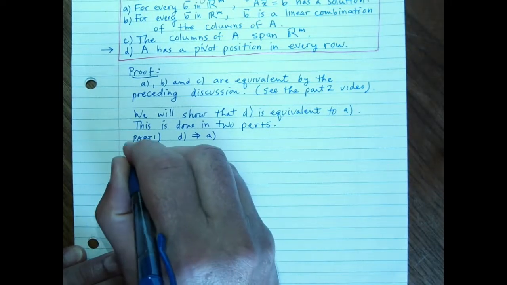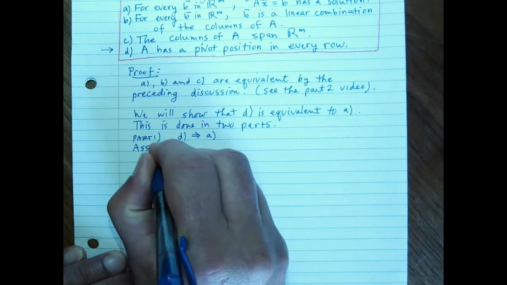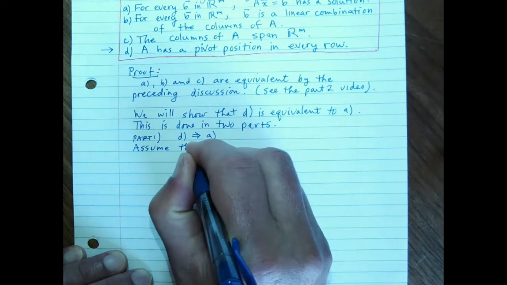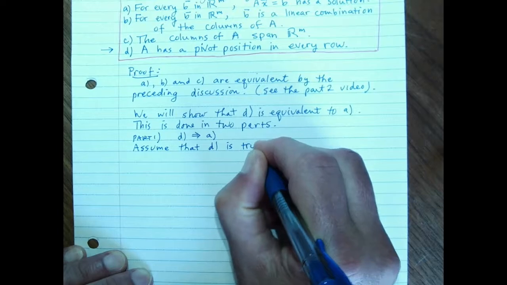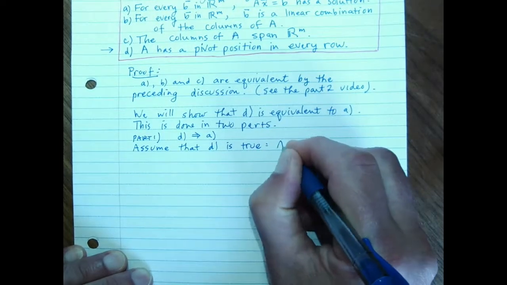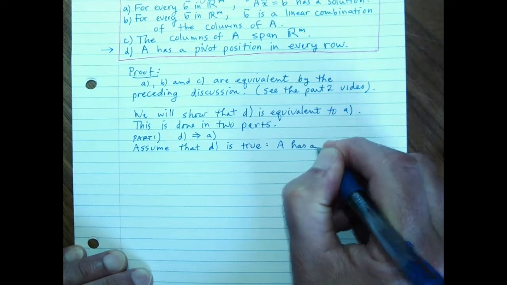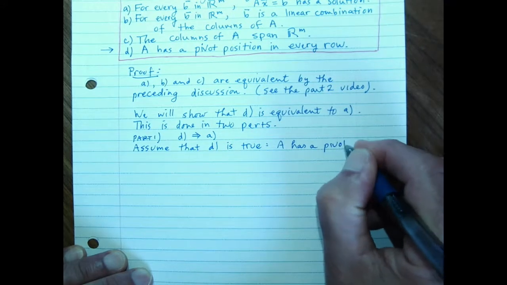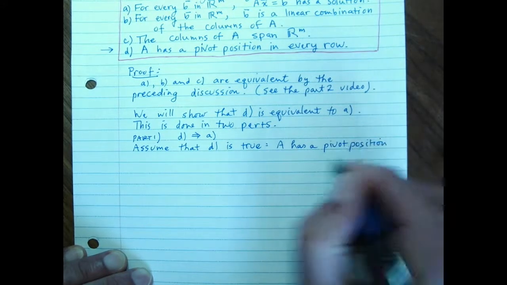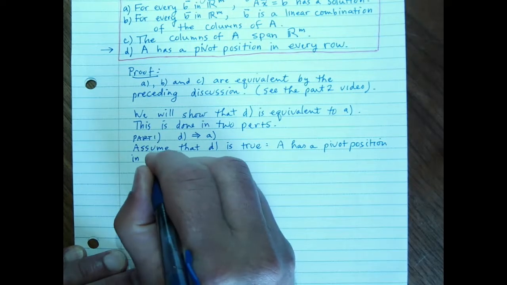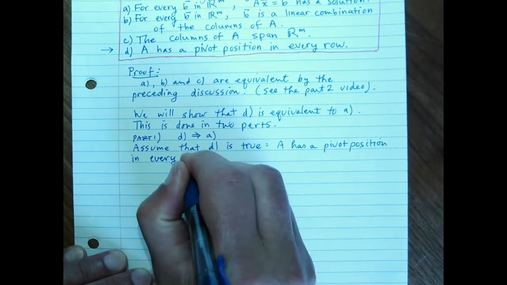So we're going to assume that D is true. A has a pivot position in every row.